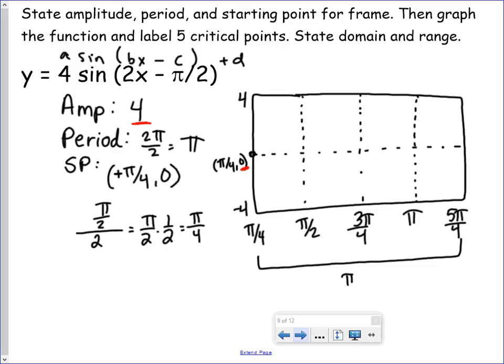Okay. The next piece is just graphing. So you're thinking now about which shape you have. It is sine with a positive A. So I know I start at the starting point for the frame, and I go mountain high, valley low.